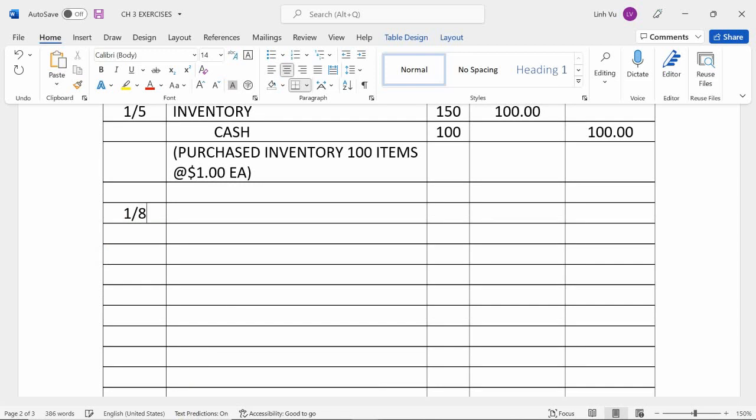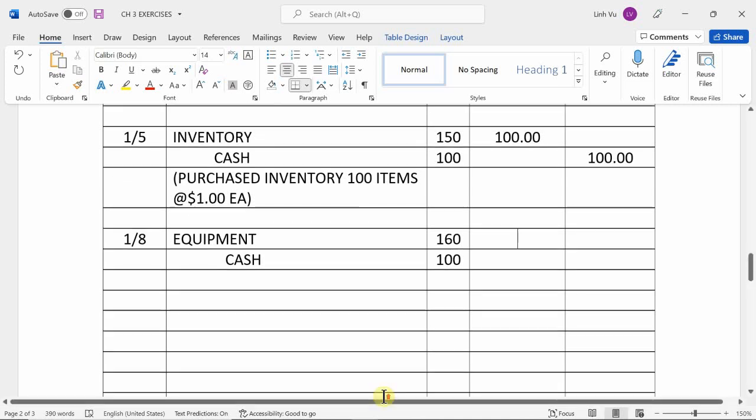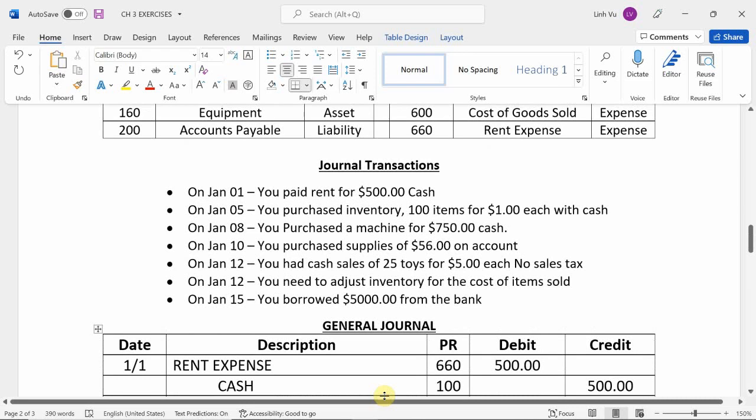So that's the first thing we have to do. We determined that we acquired equipment and we paid using cash. How much money did I spend on this machine?